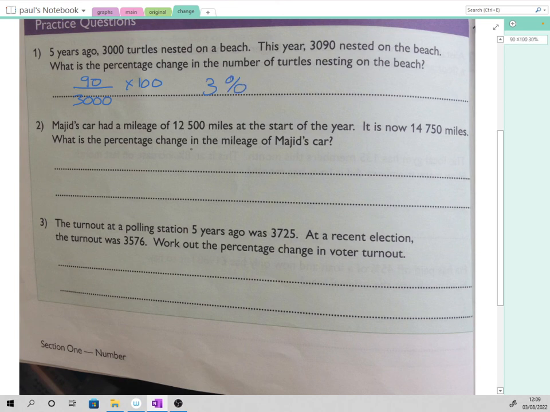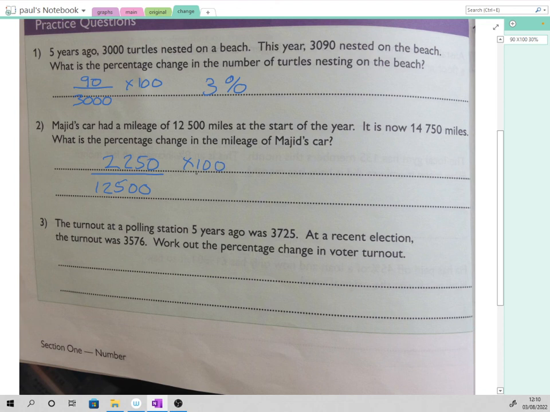Right. Magic's car had 12,500 miles at the start of the year. It's now 14,750 miles. What's the percentage change in the mileage of Magic's car? The difference between these two numbers is 2,250, over the original, 12,500, times 100.